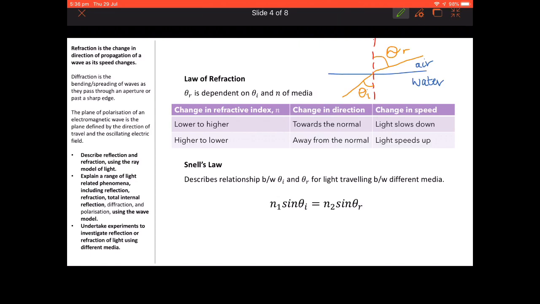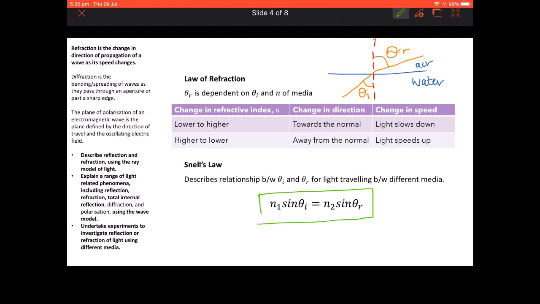Snell's law describes the relationship between the incident angle and the refracted angle, or the angle of refraction and the angle of incidence, for light travelling between different media. And that rule is the refractive index of the first medium multiplied by sine of the angle of incidence, and that is equal to the refractive index of the second medium multiplied by sine of the refracted angle.